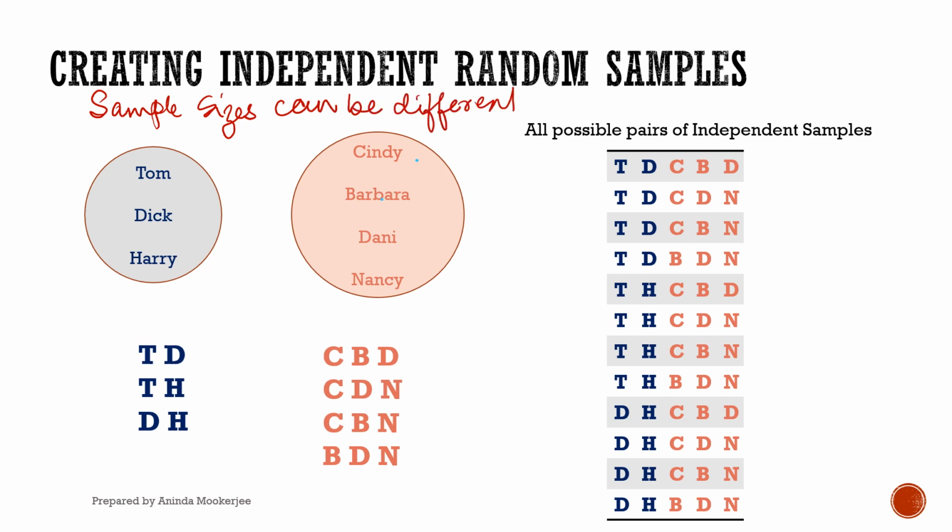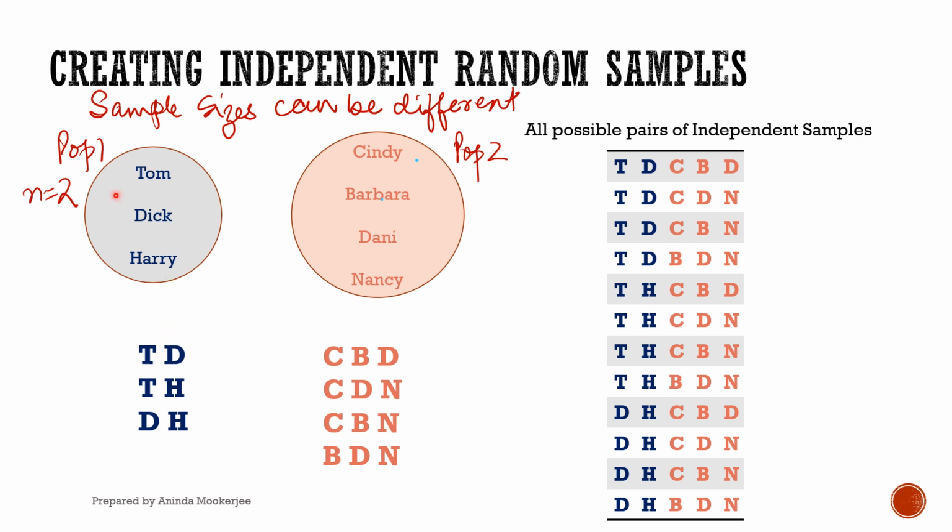Now, what they've done here is, let me write that down too. All right, this is population 1, this is population 2. From population 1, they have decided to choose a size n equals 2. And Tom, Dick, and Harry are in population 1.